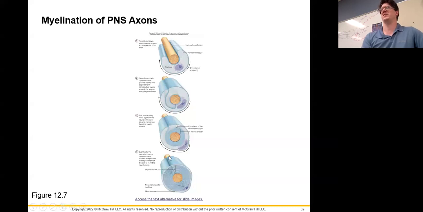Now, myelination happens because we basically take a little bit of cell membrane and we start to wrap and fold that cell over and over and over again. Okay, so it basically just continues wrapping around it to where we essentially have no cytoplasm anymore, where it's basically just cell membrane touching cell membrane layer, touching cell membrane layer, touching cell membrane layer.